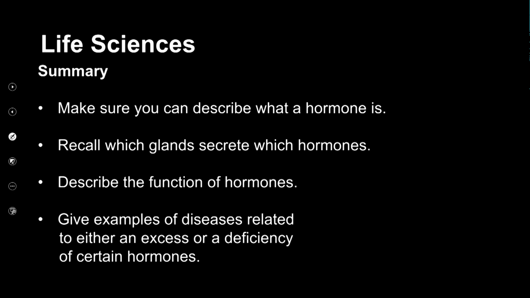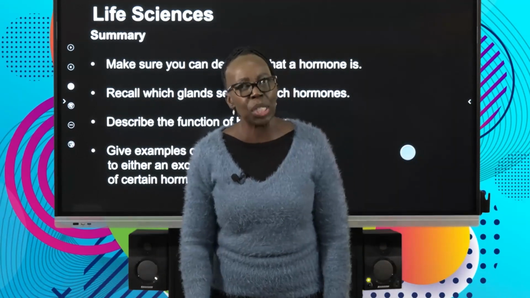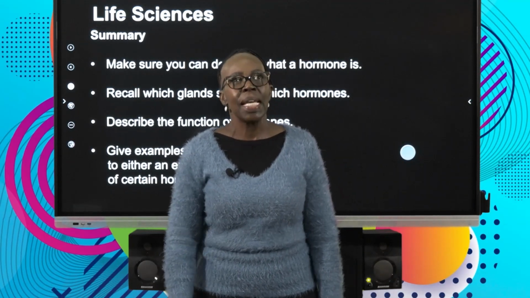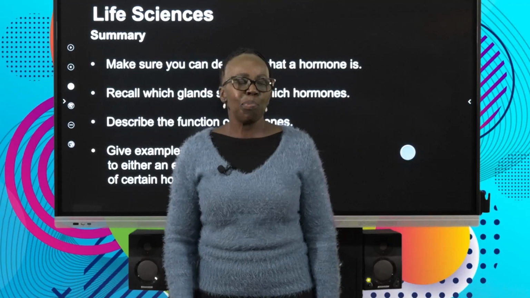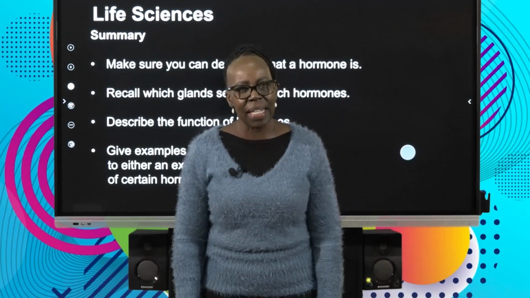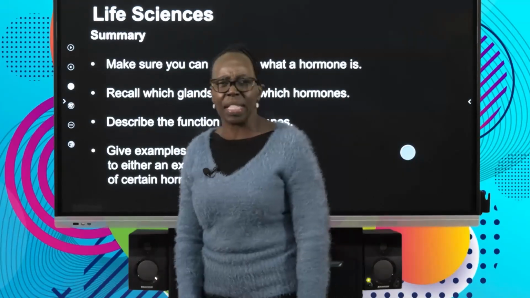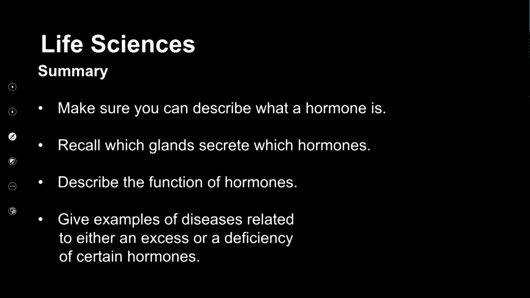We did questions. You were able to answer the questions. We were able to interpret questions from the concept that we studied. Then let's look at the summary of everything that we did. You must make sure that you can describe hormones. You can recall glands and the hormones that are secreted.